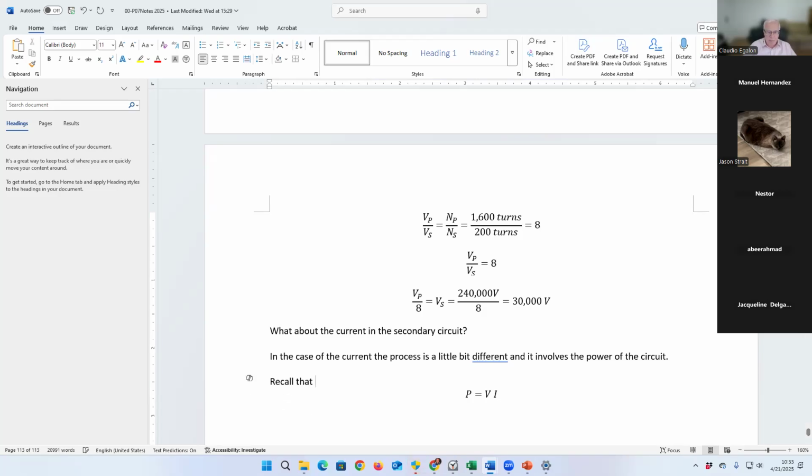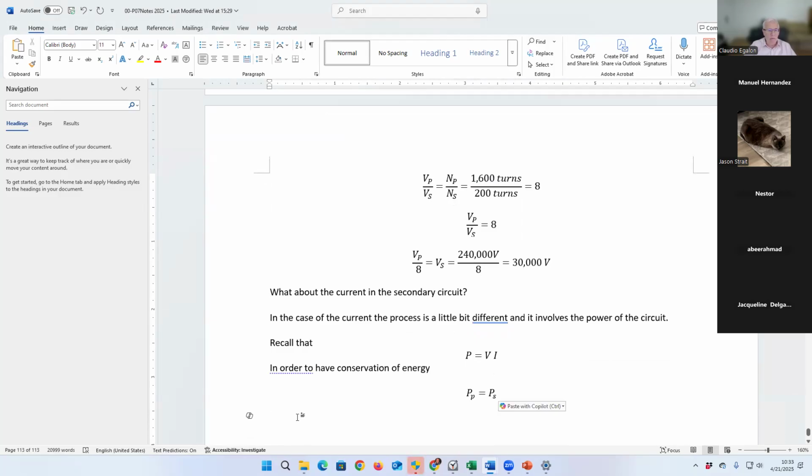If power gets conserved, and like I said, the transformers are very efficient devices, you can say that the power in the primary circuit is equal to the power in the secondary circuit. We can find out the current in the secondary circuit in terms of the current in the primary circuit.